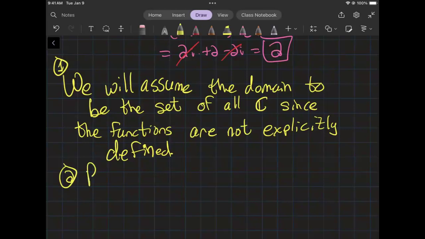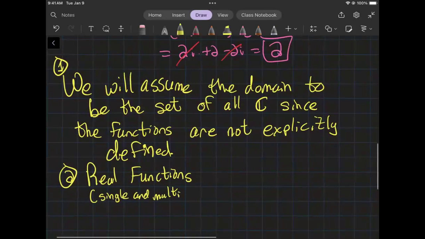Okay. Also, real functions. And what I mean by this is single and multi-valued real functions, so the functions you may have seen in calculus 1, 2, and 3, right?